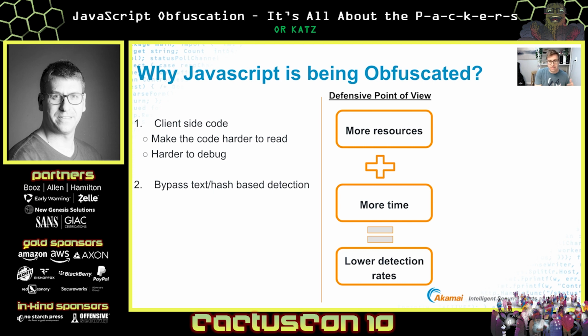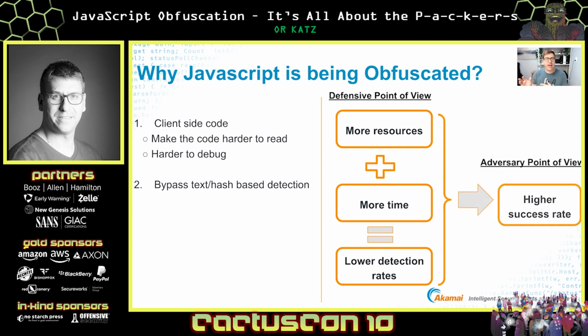Whether you're doing that manually, as I was doing at the beginning, or automatically, it will require more processing time. And from an adversary point of view, most chances are that they will see higher success rates, which means more revenue, more money, more damage that they can create. That equation, in my mind, explains a lot of the things that we see out there. Regardless of obfuscation, a lot of the trends that we see out there are derived from that equation.